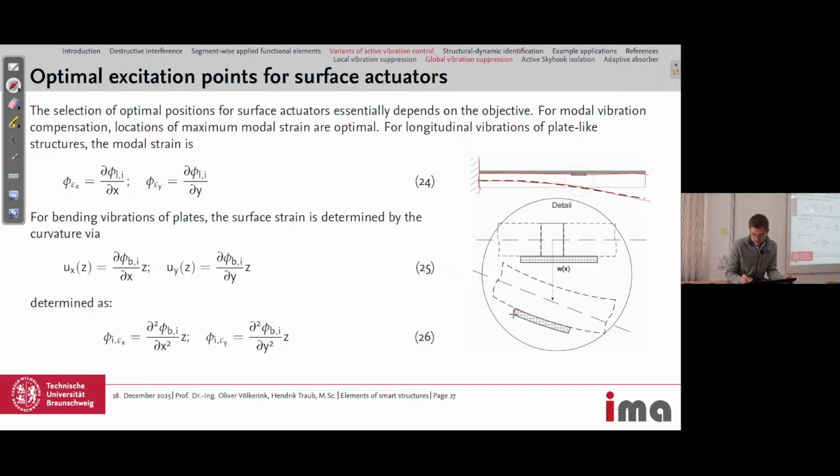We look at positions where the surface strain is maximum, because we can apply with our actuators in-plane deformations to act on the structure.